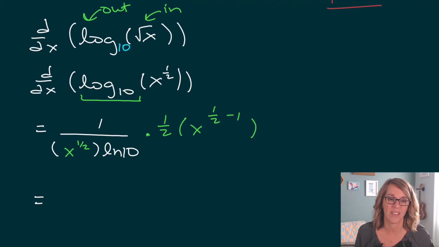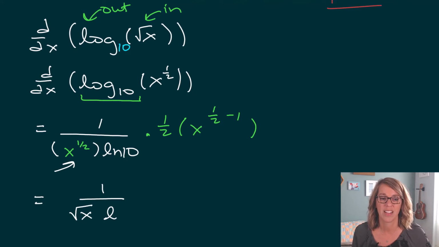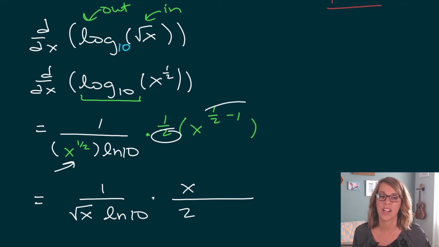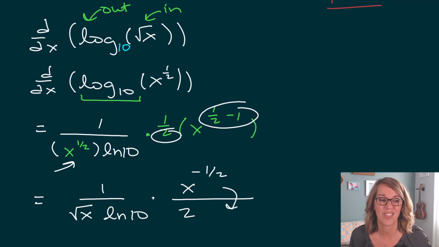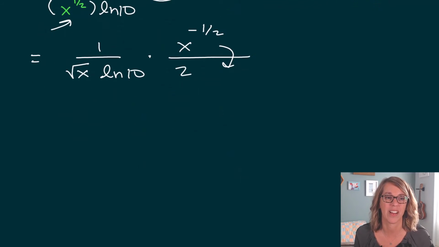Okay, so what do we have? I've got 1 over, let's change that 1/2 power into a square root. So I've got the square root of x, natural log 10, times, this 2 also belongs in the denominator as well. And up here I've got x to the 1/2 minus 1, which is negative 1/2. I can move that into the denominator also. It's actually going to clean up quite a bit for us.